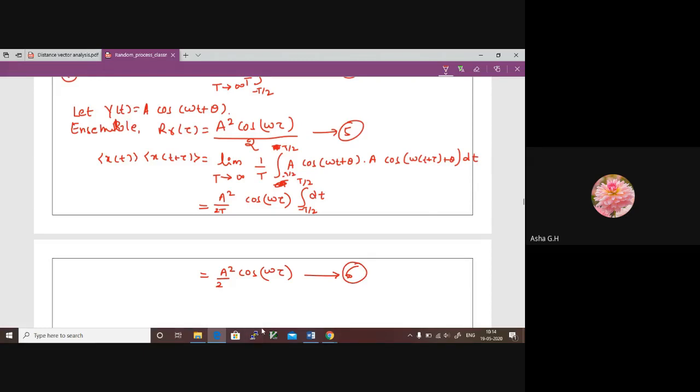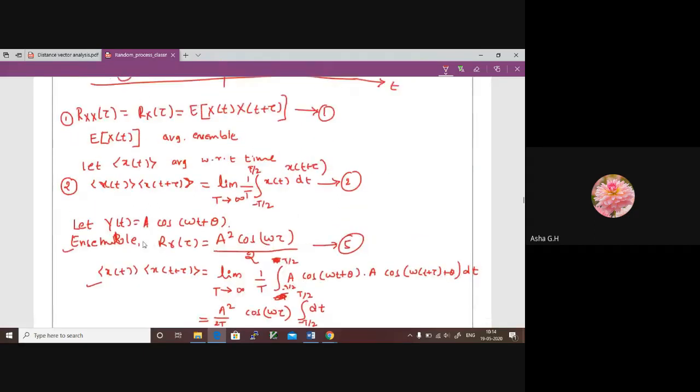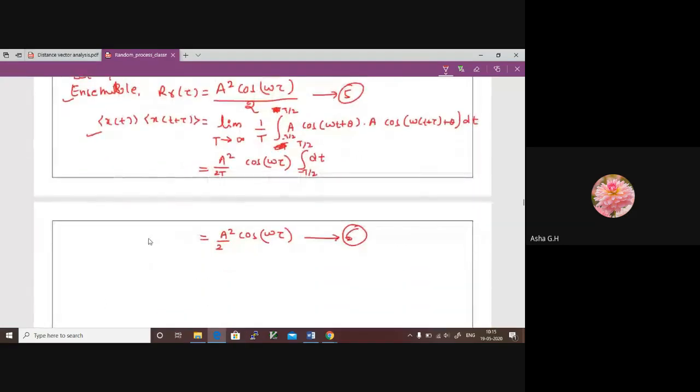The autocorrelation function for the ensemble average and the average over time are both equal. So this random process can be called an ergodic random process. Is this clear?